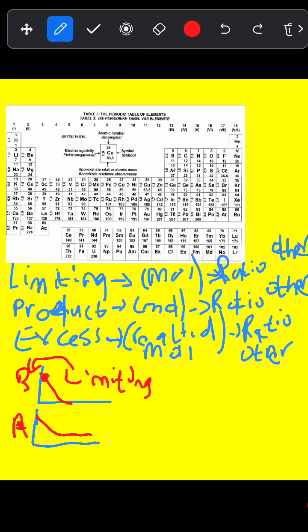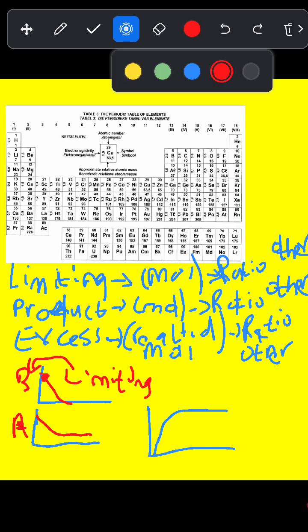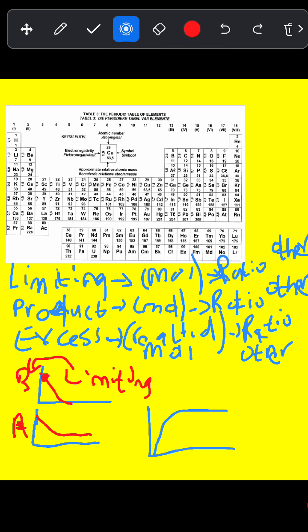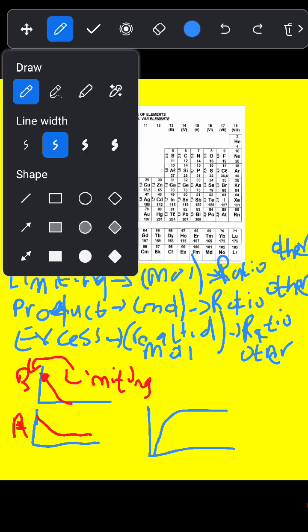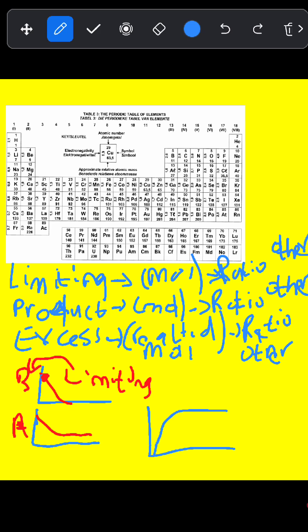Now, if you see a graph going like this and then becoming flat, what is happening here? This amount that is produced starts from 0 until it gets to a certain value.